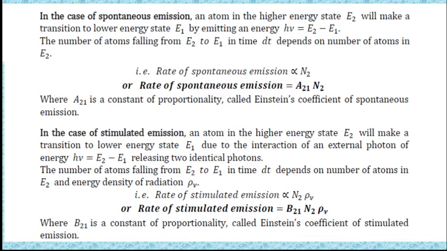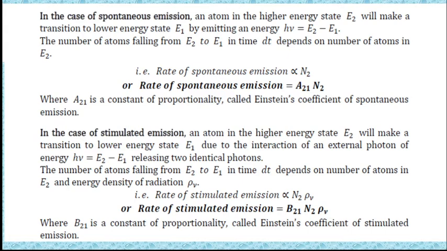Therefore, the rate of spontaneous emission will be proportional to N2 only, that is A21 N2, where A21 is again a proportionality constant called Einstein's coefficient of spontaneous emission.